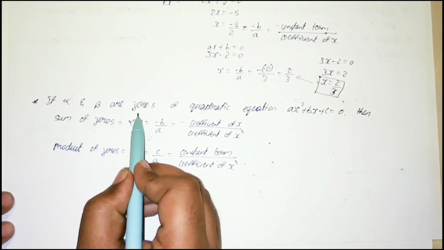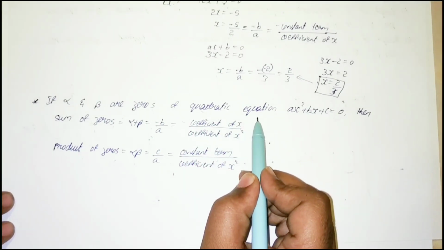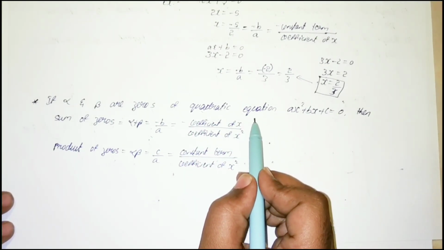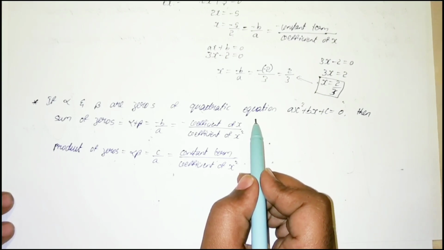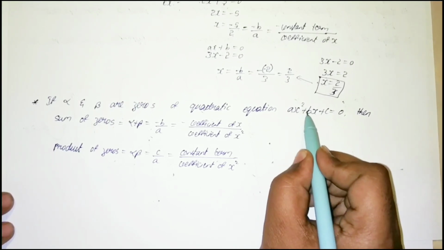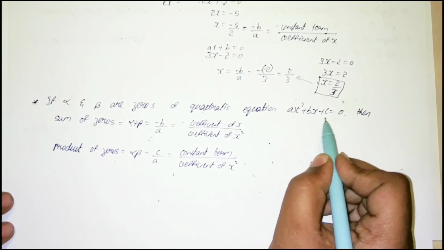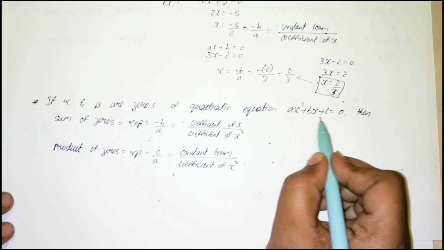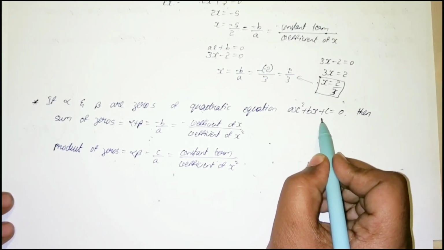If alpha and beta are zeros of a quadratic equation. What do you mean by quadratic equation? The equation having highest power 2, we call it as quadratic equation. So what is the general form of that quadratic equation? ax square plus bx plus c is equal to 0. This is the general form, nothing but standard form of quadratic equation.